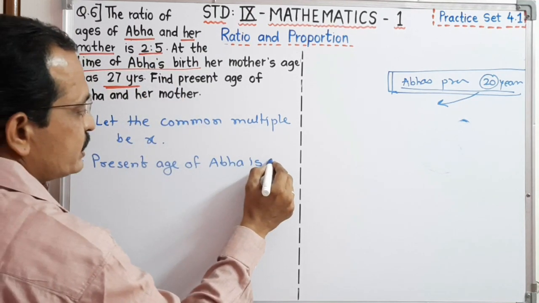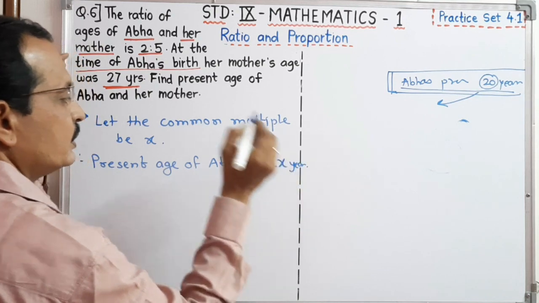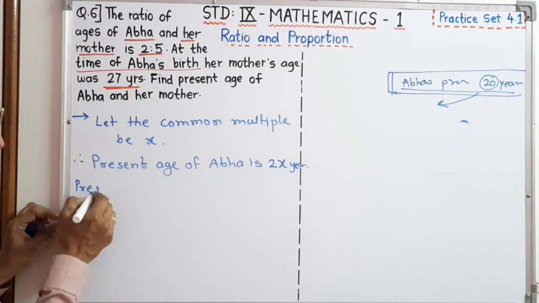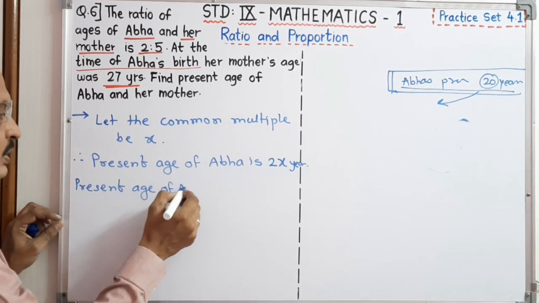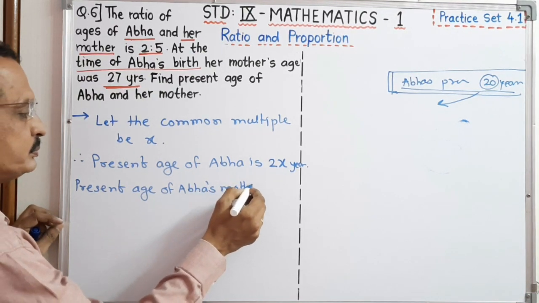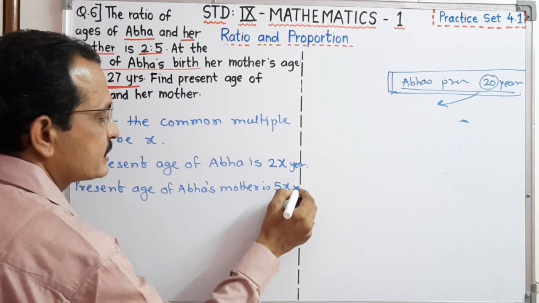Therefore, Abba's age is 2x years. Got it? 2x years. And the present age of Abba's mother is 5x years.